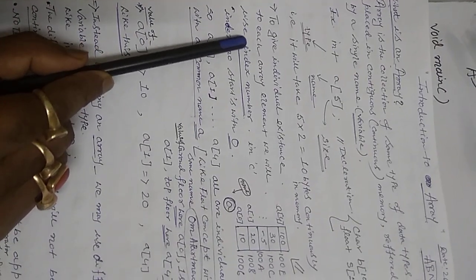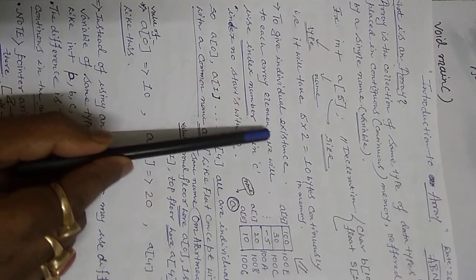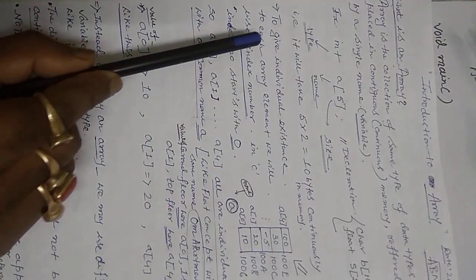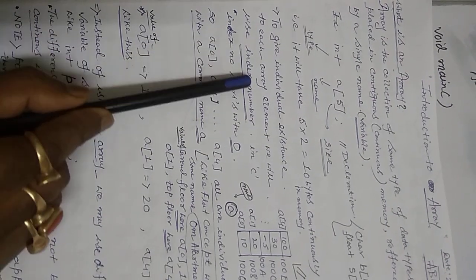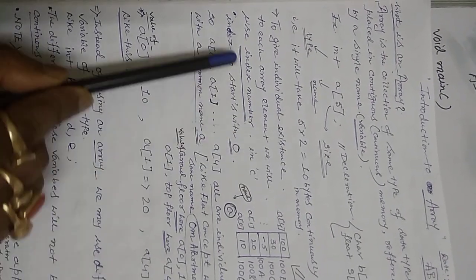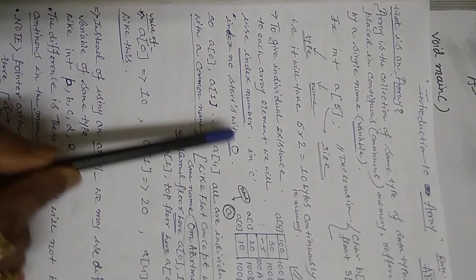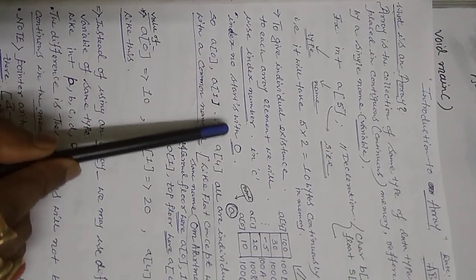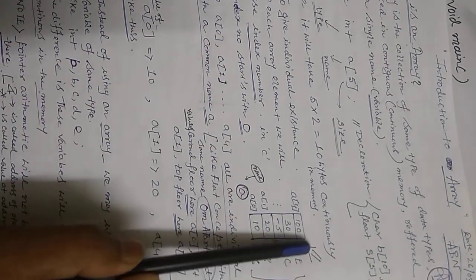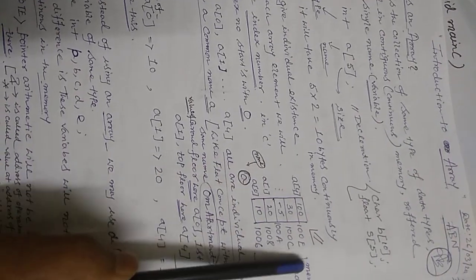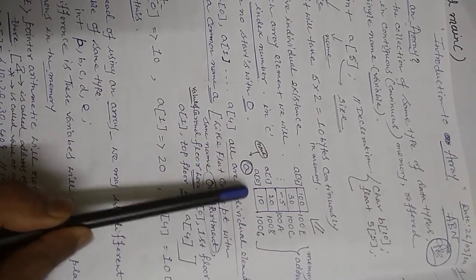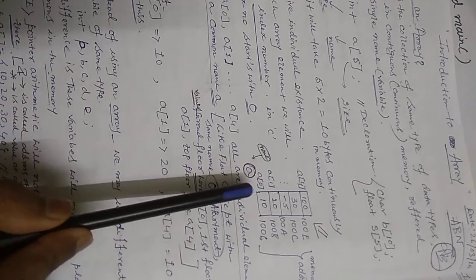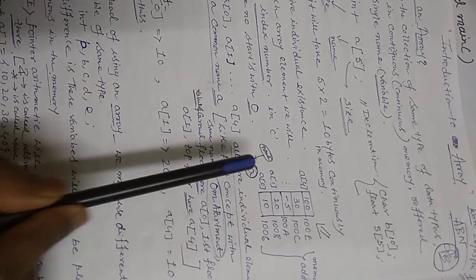Now what does it actually signify? To give individual existence to each array element, we will use an index number. In C, the index number starts with 0. Now if we go through this particular picture, here we need to separate if there is a common name.